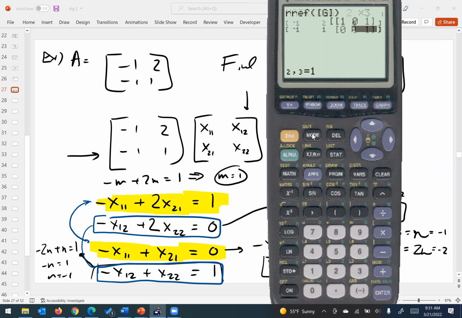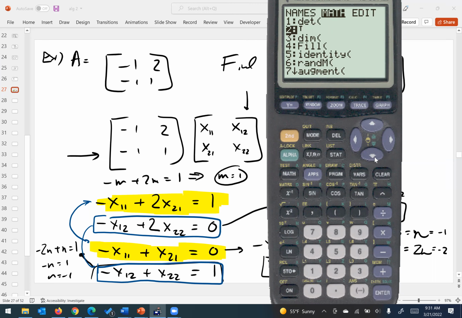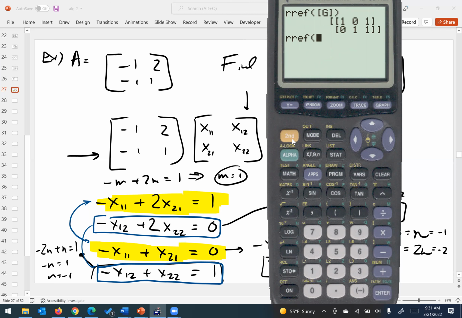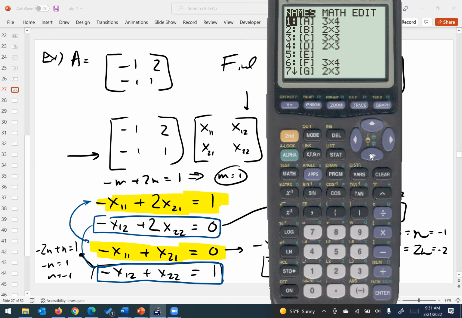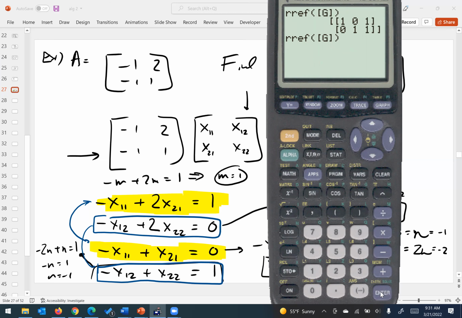Cool. Quit out of here. Math menu, RREF. And I'm going to recall G again with my new numbers here. They better give me what I need. Yep, there it is.